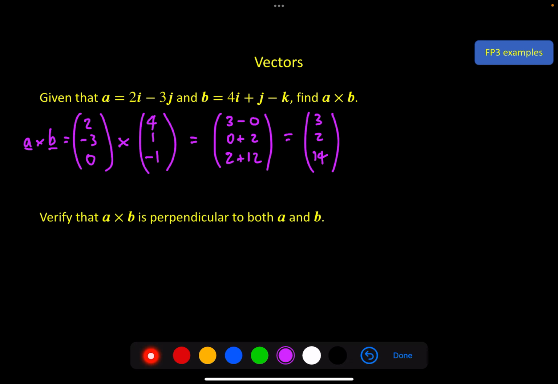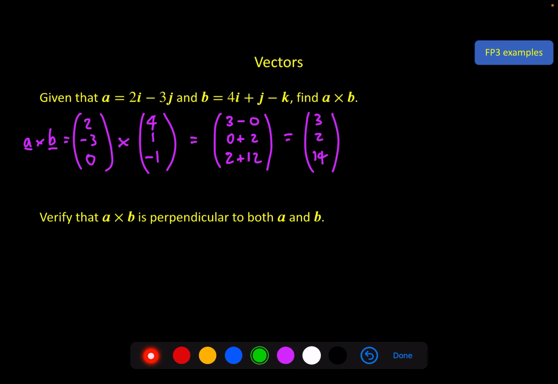Part 2. Verify that a cross b is perpendicular to both a and b. Okay, like I said, the cross product should give us a vector answer that is perpendicular to both of these. And using the dot product, we can verify that this is true, because if you dot 2 vectors that are perpendicular, you should get the answer 0.